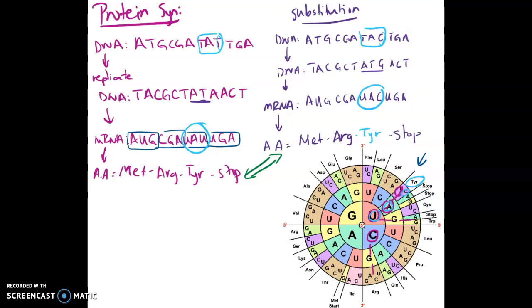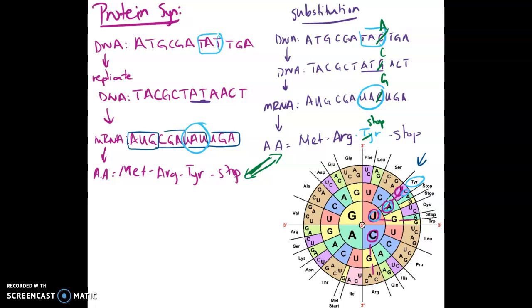Now, there could have been a substitution where instead of a C, it could have been an A, right? So if it would have been an A, and that would have been a C, that would have been a G, and UAG is actually a stop codon. So you would have had a shorter protein chain compared to the original, which would have made the protein different, which would have made the trait different.